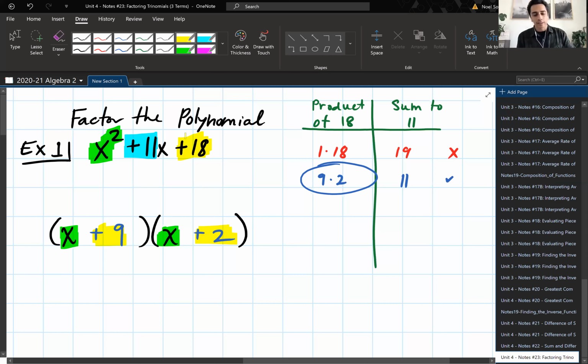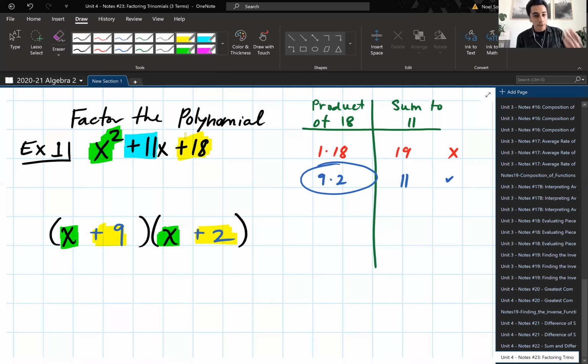So the only thing I still need to check for is to make sure that they do add up to be 11x. So how do I test for that? Well, I'm going to apply kind of like this happy face method. At least that's what I call it. It's my method, where I'm only testing to make sure that the two middle terms of the polynomial will add up to be 11x.